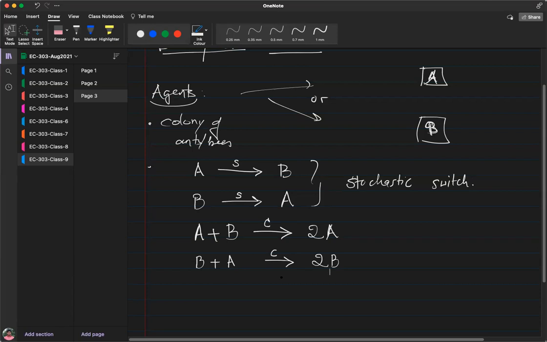And we assume symmetry. Therefore this rate as well as this rate, you can think of it as a reversible reaction, A to B and B to A, with equal rates. This is called pairwise copying.